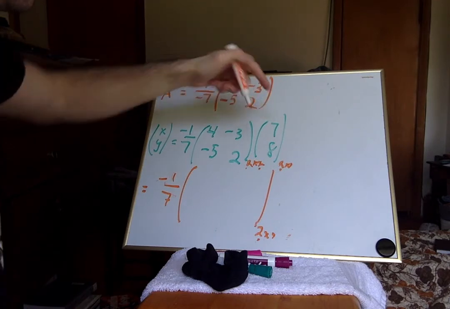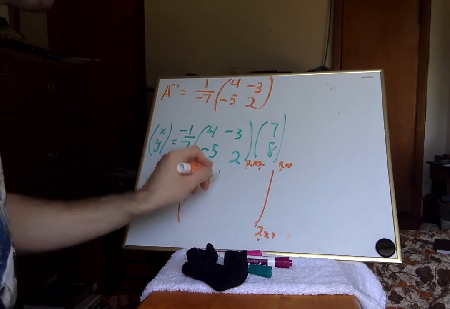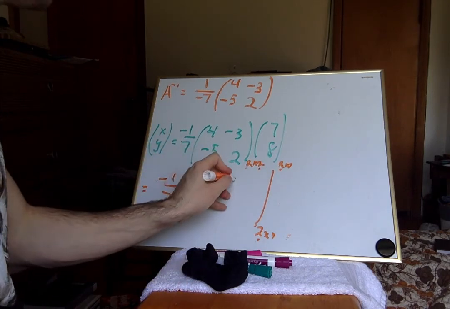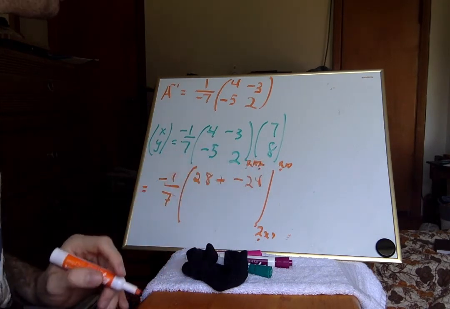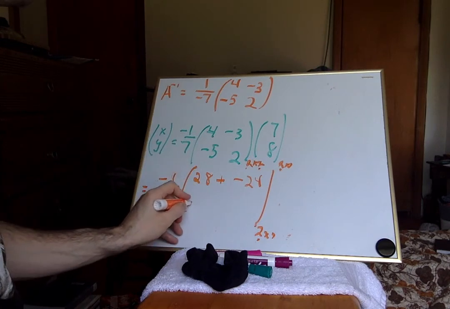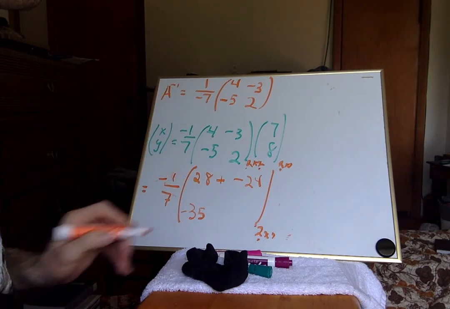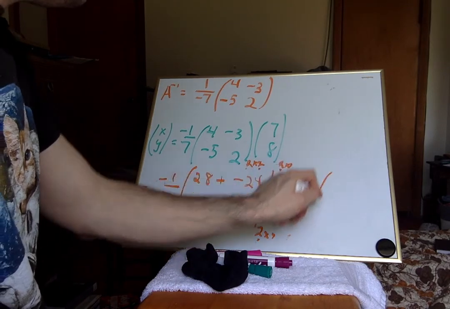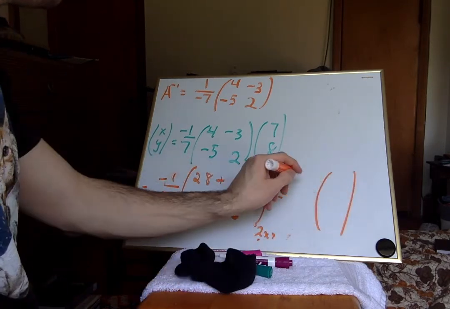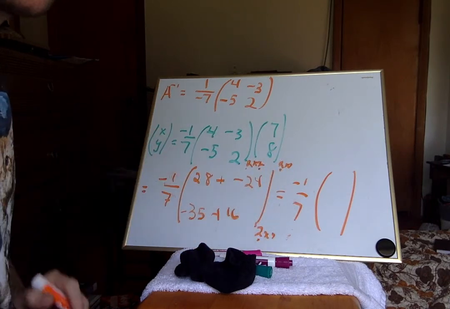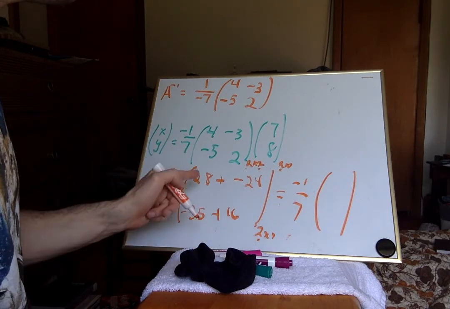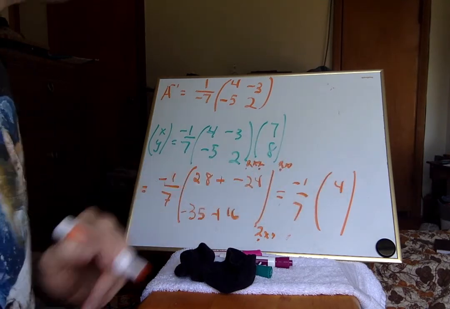Okay, so 4 times 7 is 28, plus negative 3 times 8 is negative 24. Outer dimensions are negative 5 times 7, which is negative 35, plus 2 times 8, which is 16. Okay, good. So you have negative 1 over 7 times 28 minus 24, which is 4.